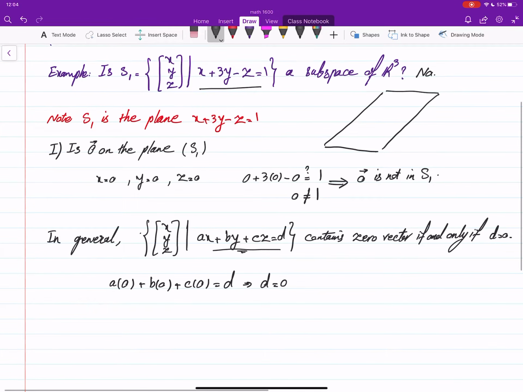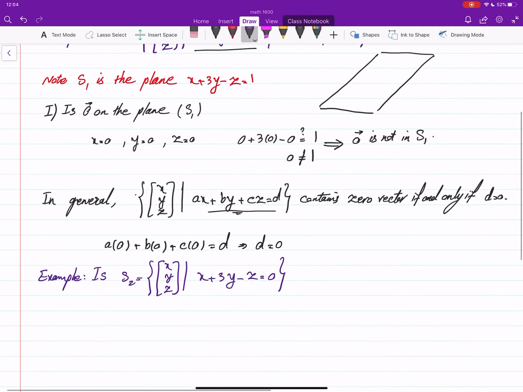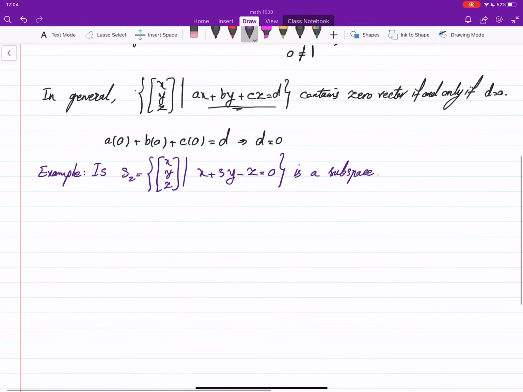Okay, so let's change the example we had. Now we ask, is S2, which is the set of all vectors of this plane, x plus 3y minus z equals 0, and we know that we have to put 0, otherwise the 0 vector is not there, a subspace? Well, we already checked. Yes, 0 is in S2.